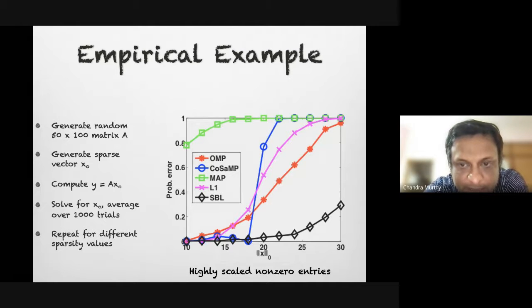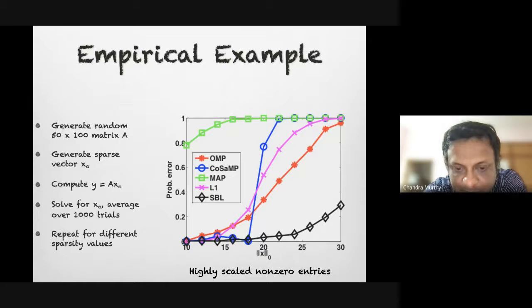So the lower, the better the performance of the algorithm is. And we see that the 2 most popular recovery algorithms, L1 and orthogonal matching pursuit, that is the red and pink curves, have a performance which is kind of similar to each other, although in this case, OMP slightly outperforms L1 recovery.